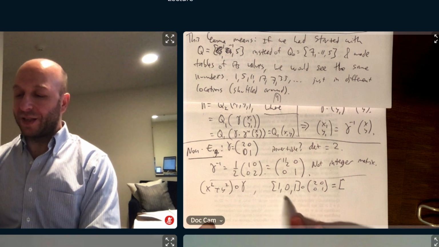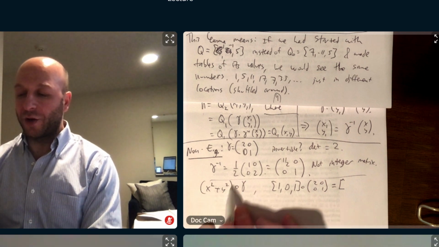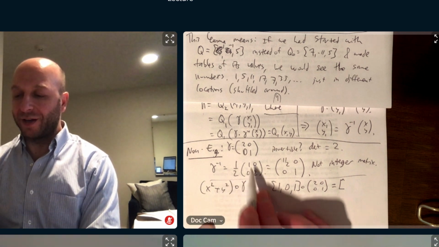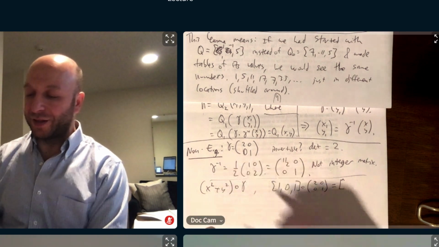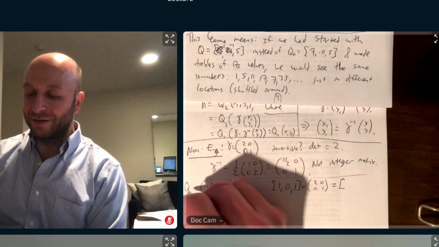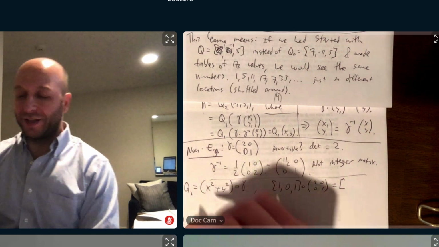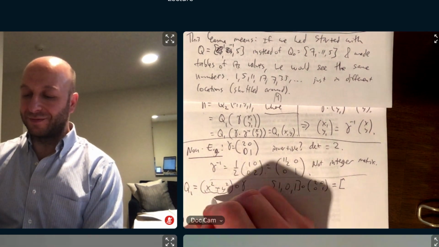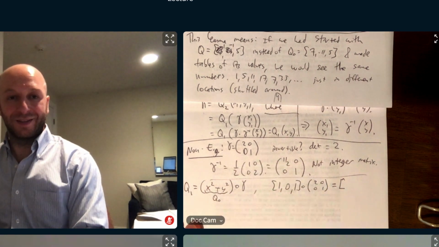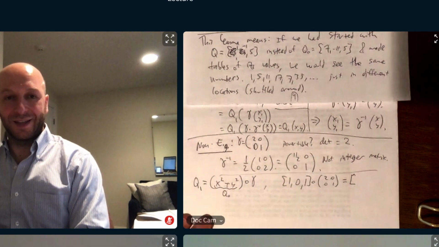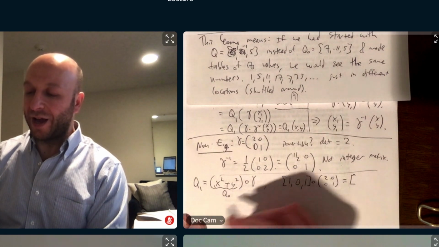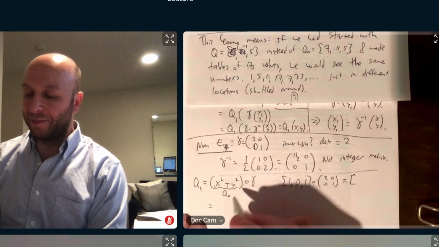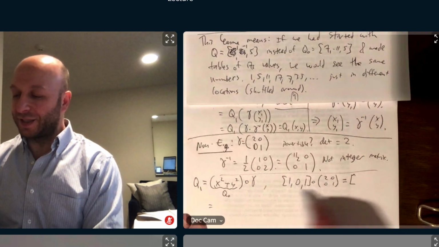All I'm saying is what does it mean to take a quadratic form and compose it with gamma? Let's make this quadratic form Q1, and this one is Q0. Then I want Q1 applied, it's the same thing we've been doing all along.